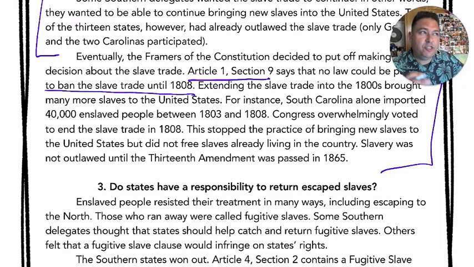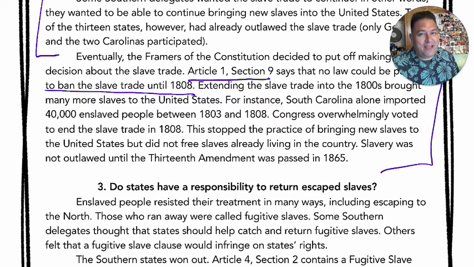But because the conditions were better, the health conditions, not great, but better, there was, through the natural process of giving birth, even though they were no longer importing enslaved people into the United States, there was still a great natural increase, right? Just through pregnancy, a great natural increase in enslaved people.